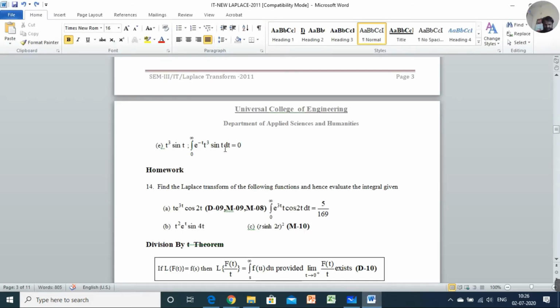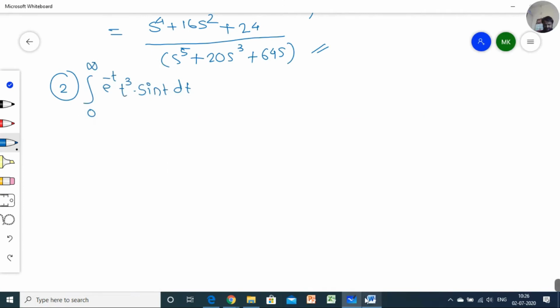The integral of e raised to minus t t cube sine t dt is equal to 0. So one by one we can calculate. Laplace of sine t, all of you are aware, is 1 by s square plus 1.